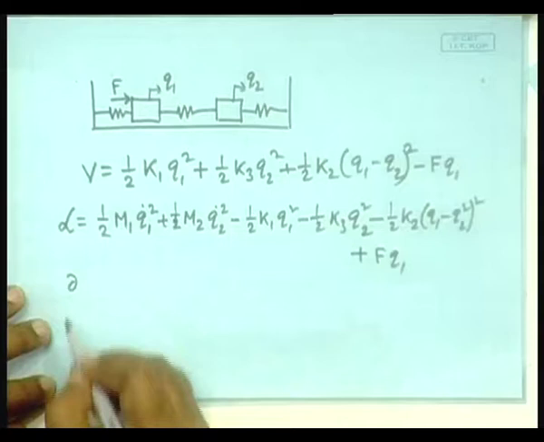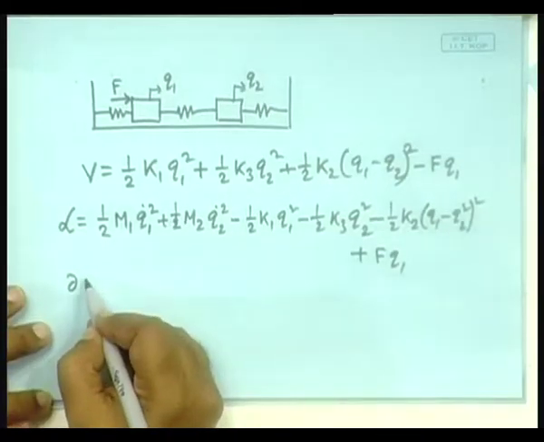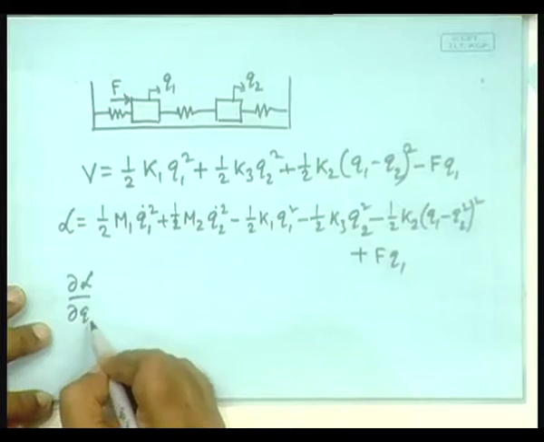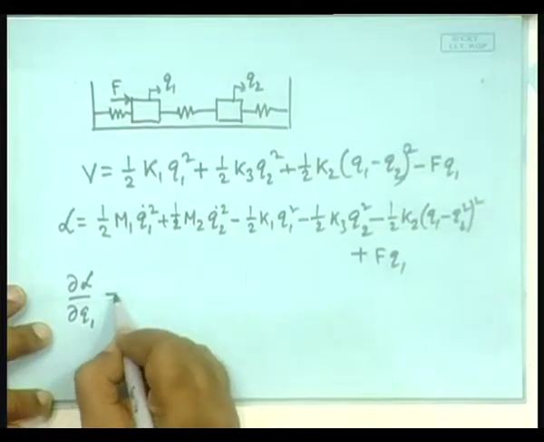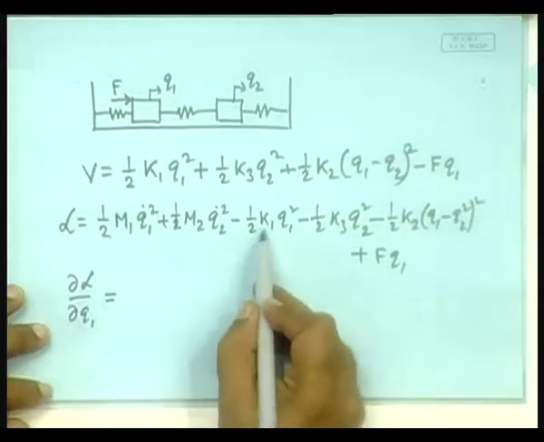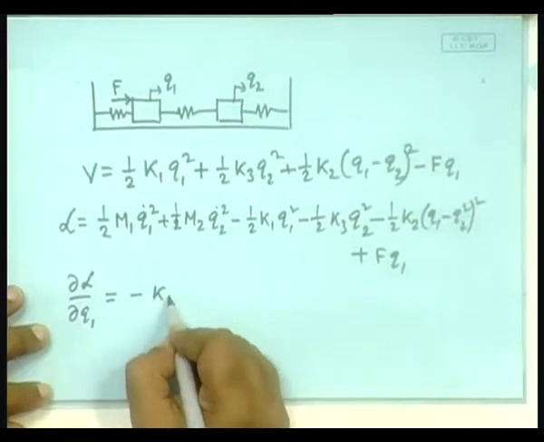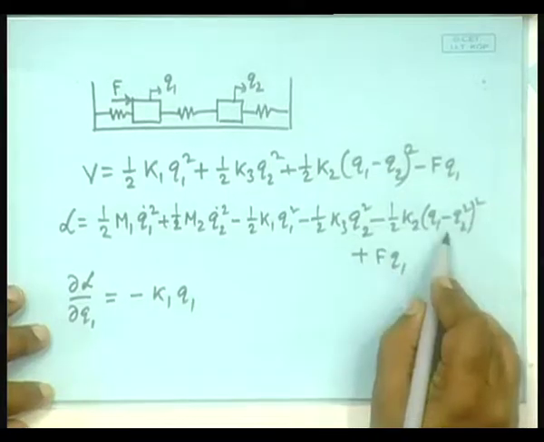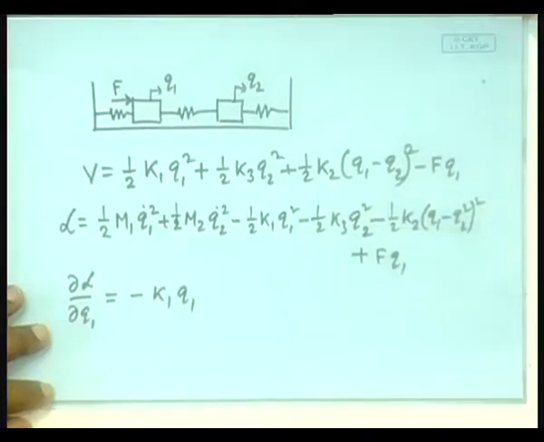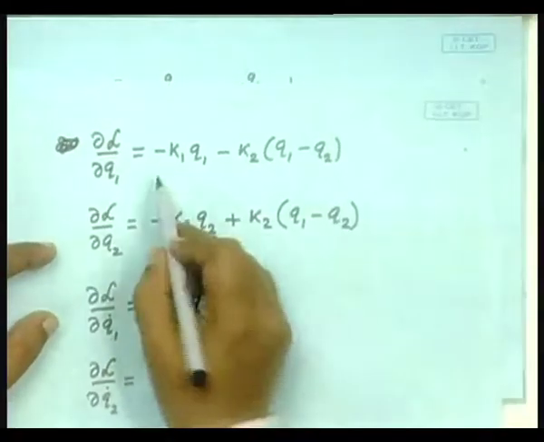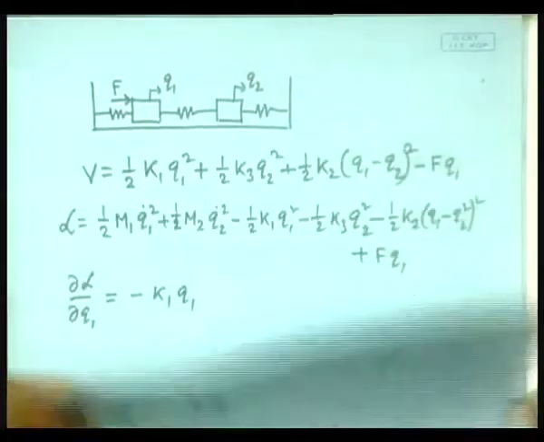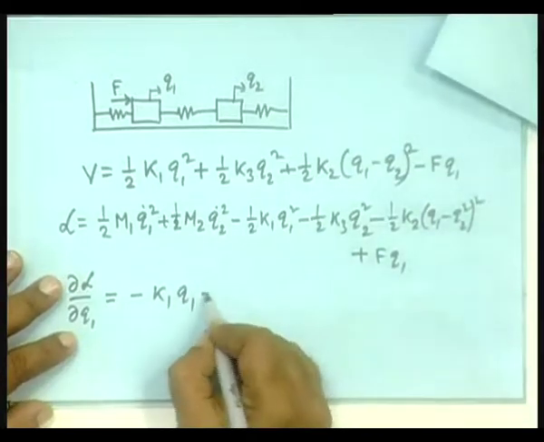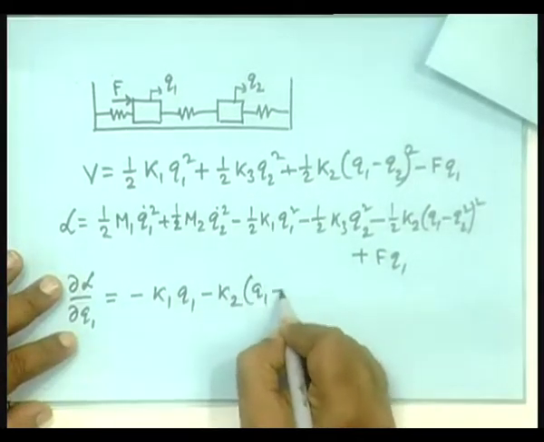Now, when we differentiate the Lagrangian with respect to q1, what do you have now? Here minus k1 q1, and here, what was it earlier? Let me just refer to that. Earlier it was this, minus k2 (q1 minus q2).